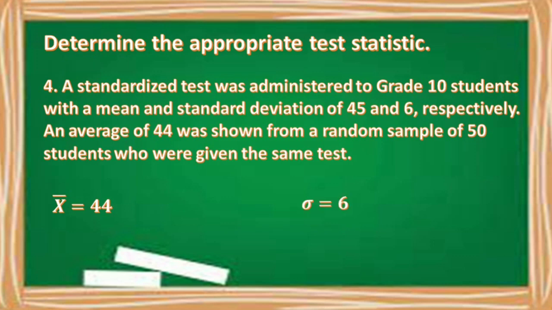Our population standard deviation or sigma is equal to 6. Our population mean or mu is equal to 45. Our n or our sample size is 50. Therefore, what type of test statistic is this? This is a Z statistic because our sample size is greater than 30 and our population standard deviation is given.